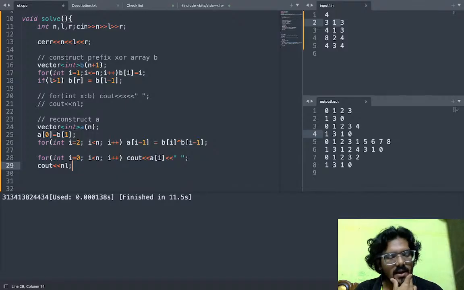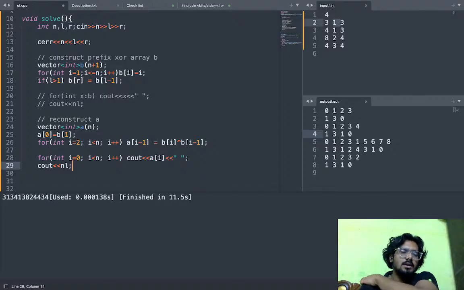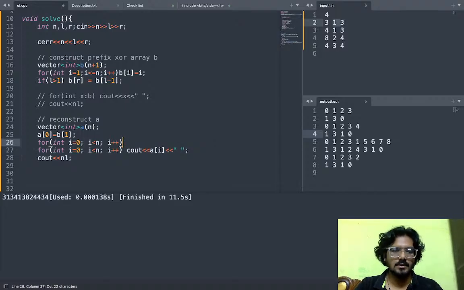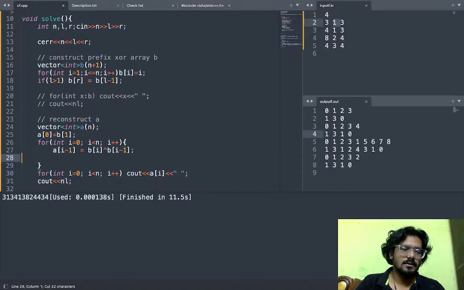Now array. Okay, if we start from 0, then we can make a certain if condition. Okay, if condition.